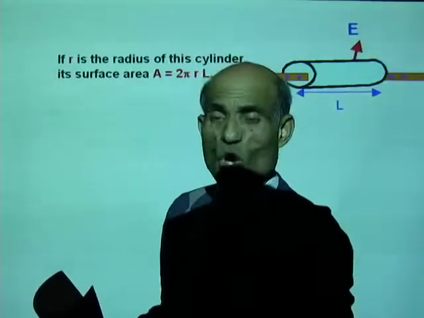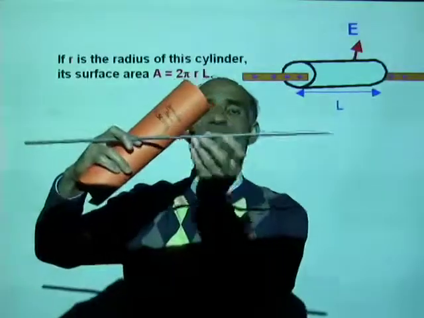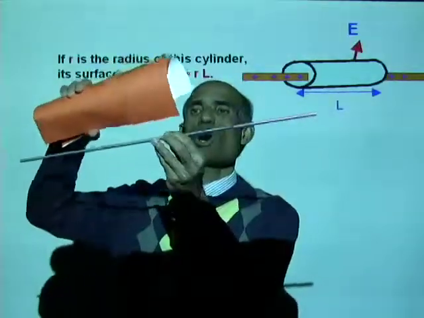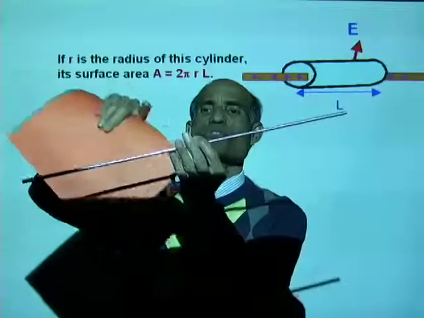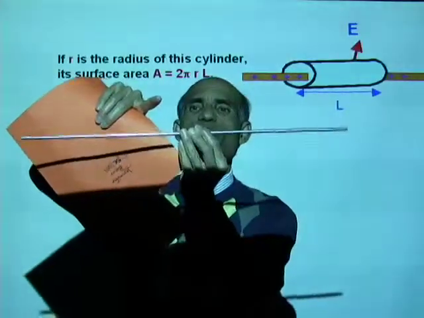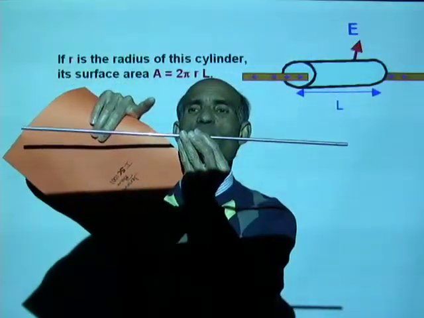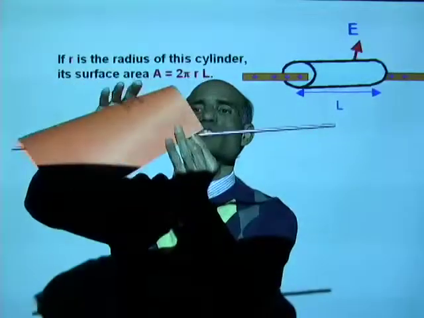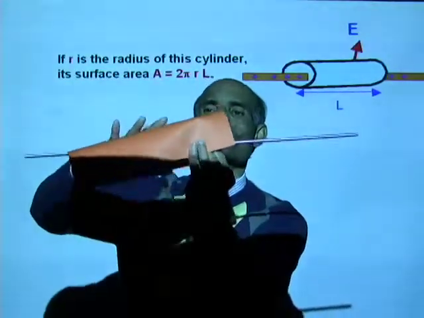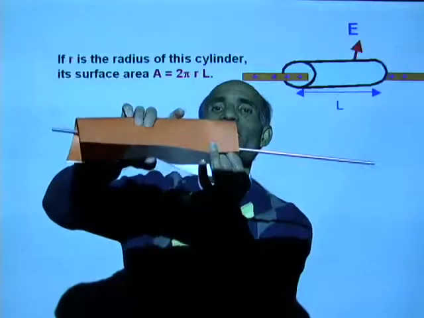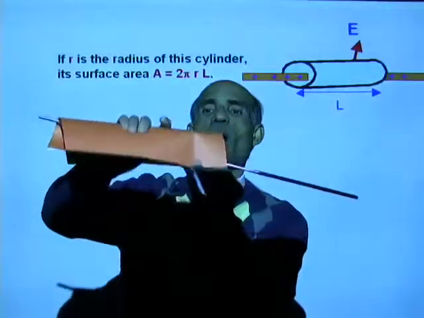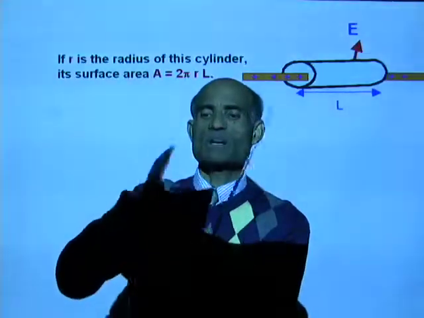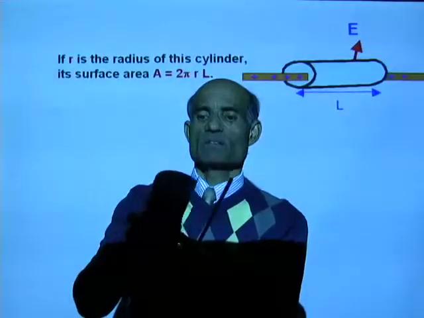Let's take one more look at this. Suppose this is the infinitely long charge and I want to find the electric field at this point, the distance R from it. What do I do? I construct a Gaussian surface that will be a cylinder of radius R. Let me see if I can construct that cylinder.